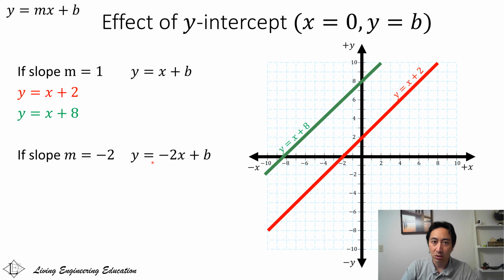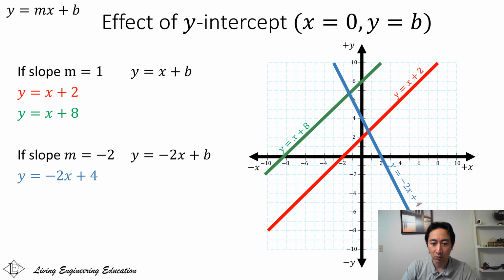We can take a look at another example with a slope of negative 2. So our equation now simplifies to y equals negative 2x plus b. Let's pick a y-intercept of 4. See if you can graph this one. You have a negative slope, so it's going to go in this direction, and it's going to intercept the y-axis at y equals 4, right there.